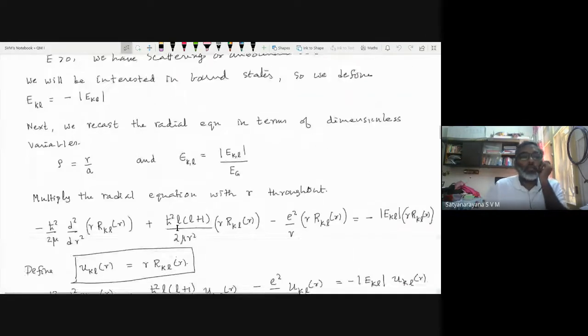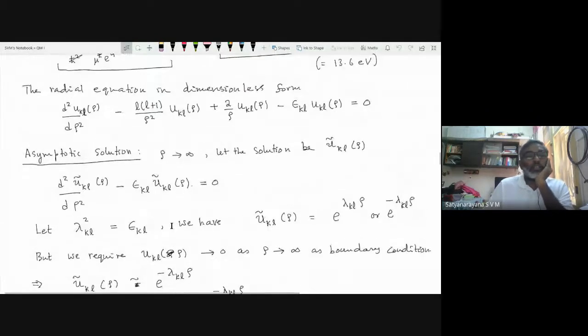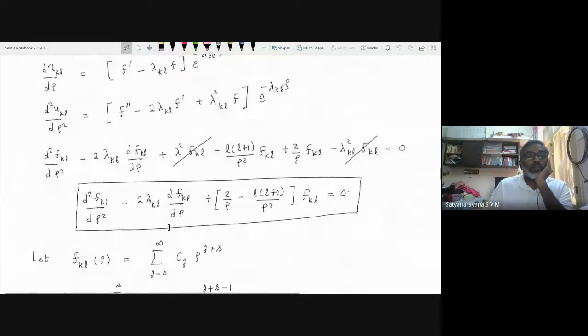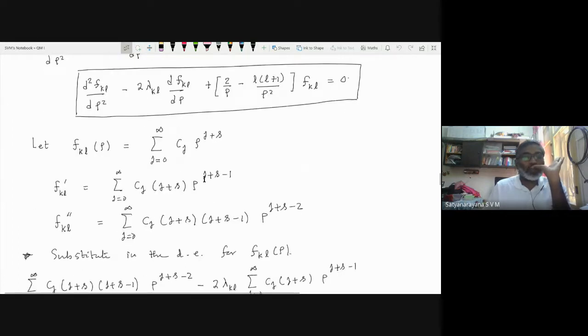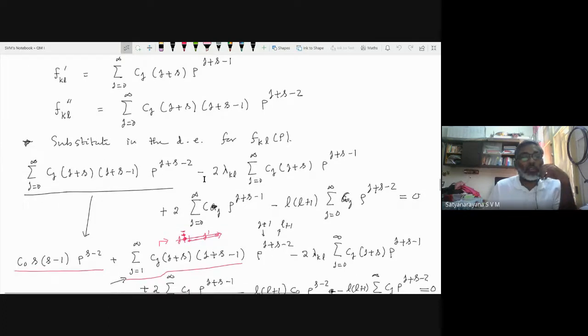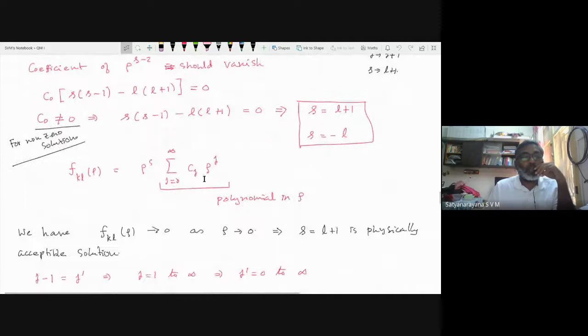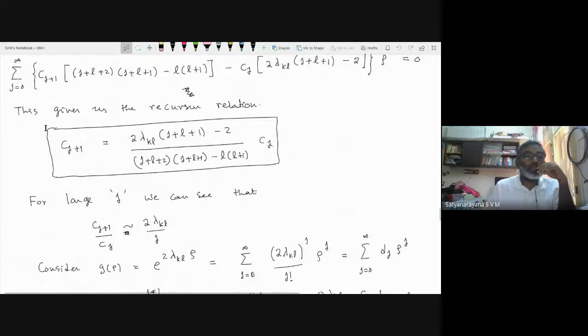We have this radial equation, and this differential equation, and we have these solutions. What is important is that we have found S is equal to L plus 1, and then we have this recurrence relation. So let us try to get this recurrence relation.